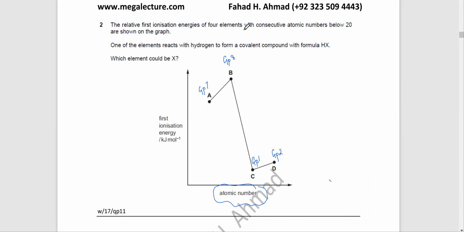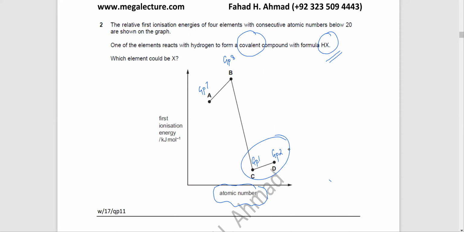So the question is, one of the elements reacts with hydrogen to form a covalent compound of the formula HX. Which element out of A, B, C, and D do you think it is? It's forming a covalent compound, so can it be group one or group two? No, because they are metals.